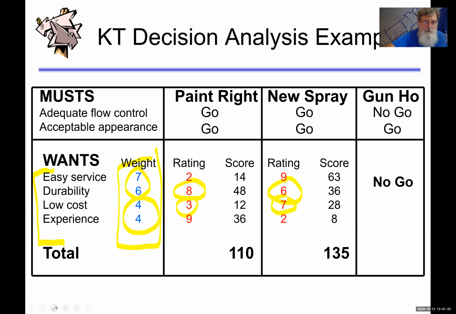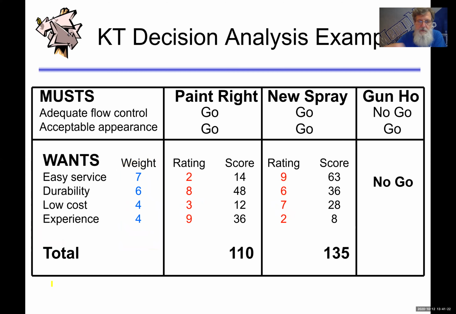So if I've done this as fairly as I can, then it's easy to see that the NewSpray system is the best choice for my situation. Again, I had to overcome my bias, where I really like the other system, and overcome other biases, such as my people having lots of experience and durability. The other items came out in favor of NewSpray.